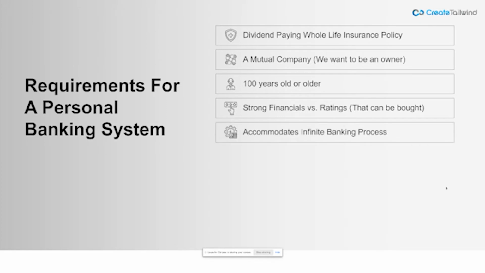Then you want to look for an insurance company that accommodates or supports the infinite banking process. There are only 5 to 7 mutual insurance companies we would even consider working with. What we want is someone who is okay with us taking policy loans and leveraging against our policy.